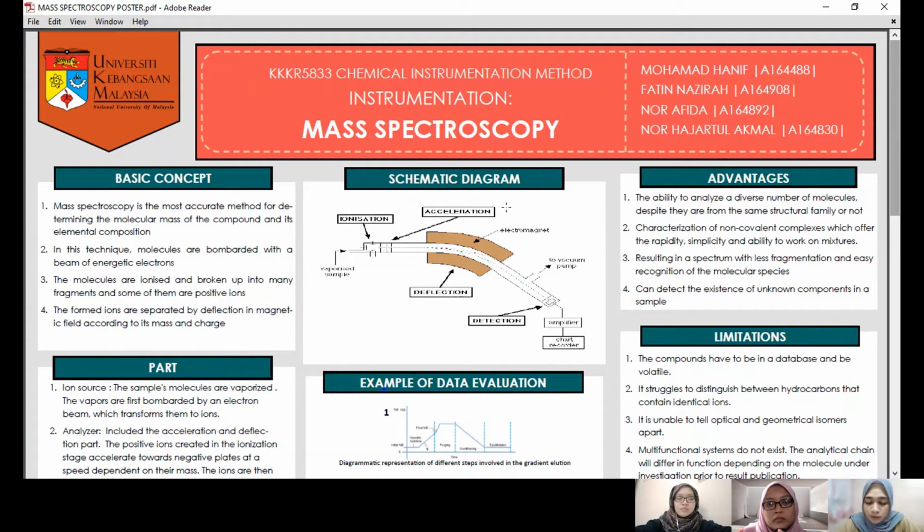Next, for stage number 3, which is deflection, the ions are deflected by a magnetic field according to their masses. The lighter they are, the more they are deflected. And then lastly is detection. Detection is stage number 4, in which the beam of ions passing through the machine is detected electrically.